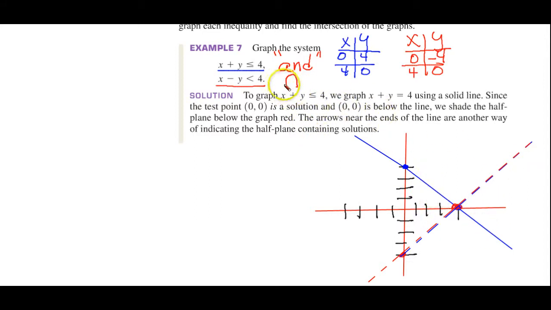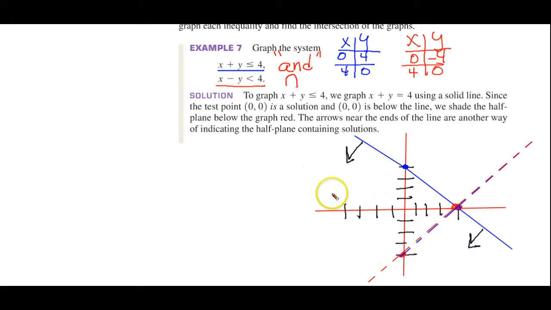Now, if they said it was union, you'd have 3 regions. And how do we figure that out, by the way? Well, the way I suggest you do it, and we'll use black for this, is in this first equation, the blue one, we're saying y, a positive y right there, is less than. So we're going to shade this region here.